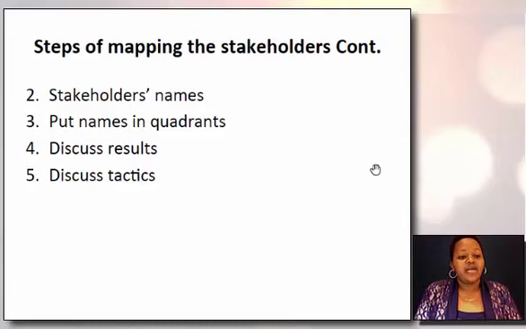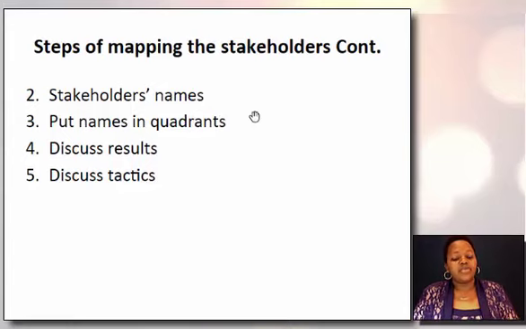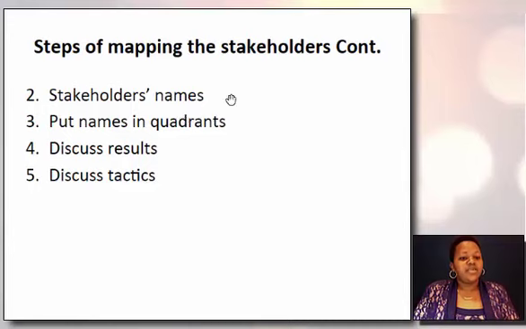The second part is to place their names in the appropriate quadrant. After identifying a particular stakeholder, we have some discussion to know whether this stakeholder will be a weaker supporter or a stronger supporter. Then we place the name in the appropriate quadrant.